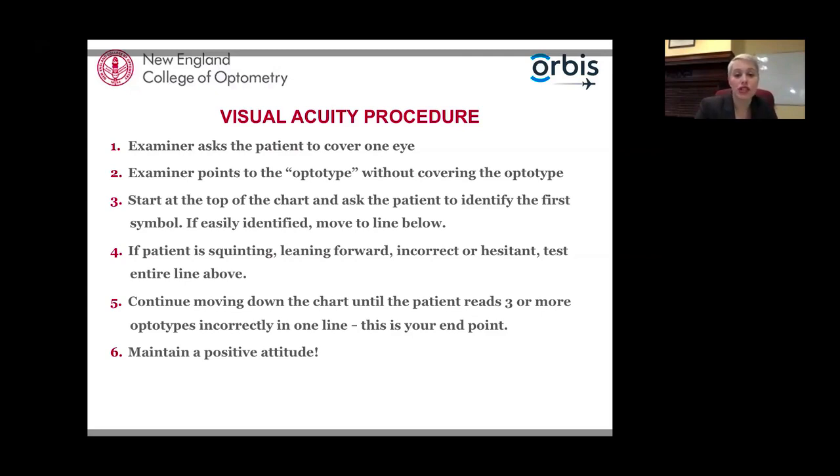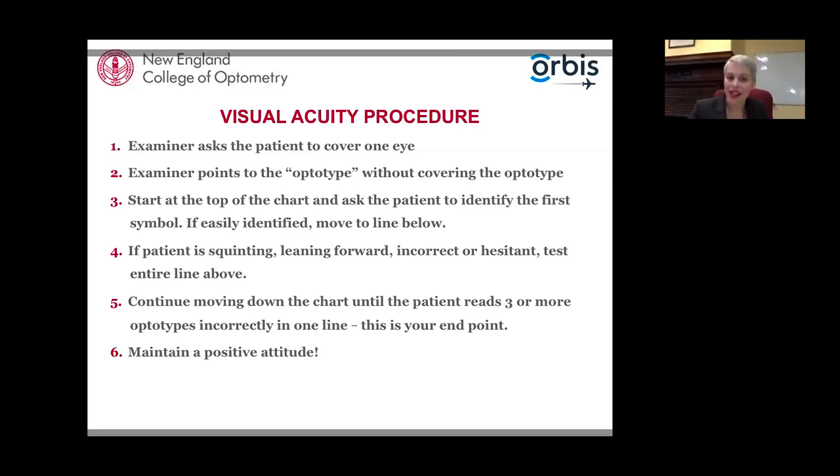You're going to start at the top of the chart and ask the patient to identify the first symbol. If they easily identify it, then you want to move one line below. If the patient's squinting, leaning forward, or if they're starting to get incorrect answers, then you want to test that entire line above it. So we might start from the very top. They tell us that's an E. We go down, we pick one letter, they tell us that's a D, and that's correct.